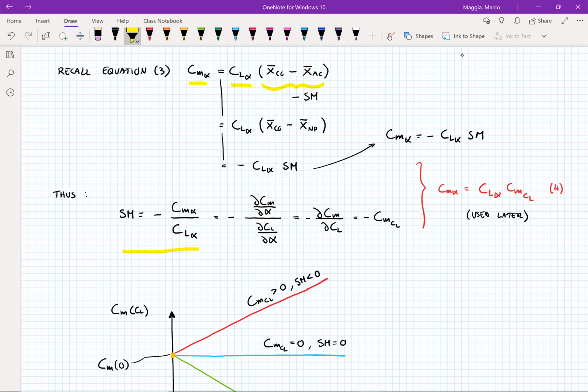Now, Cm alpha is, of course, partial Cm partial alpha, and Cl alpha is partial Cl partial alpha. So simplifying partial alpha and partial alpha, we have that the static margin is equal to minus dCm/dCl.